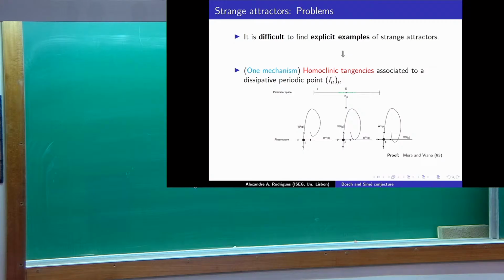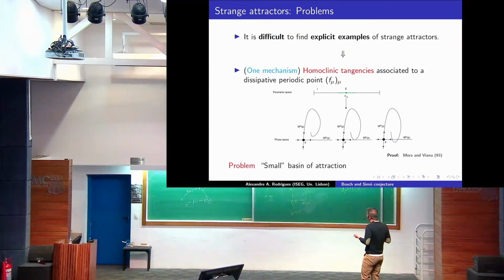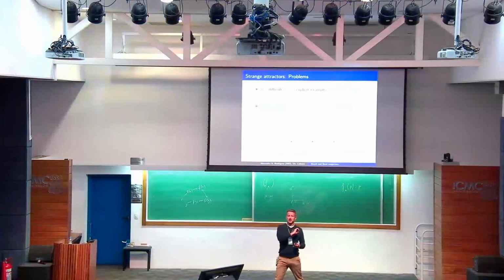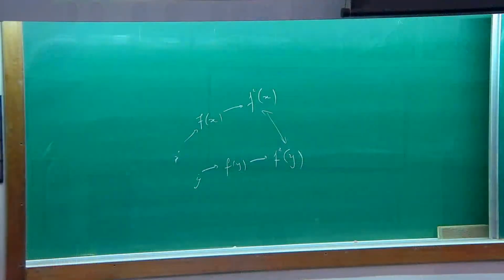If I move slightly the parameter, the tangency unfolds either this way or this way. So the result says that there exists a strange attractor under these conditions. So this is a mechanism. However, the basin of attraction of this strange attractor is like a pipe, a very small pipe. The basin of attraction in general is very small.